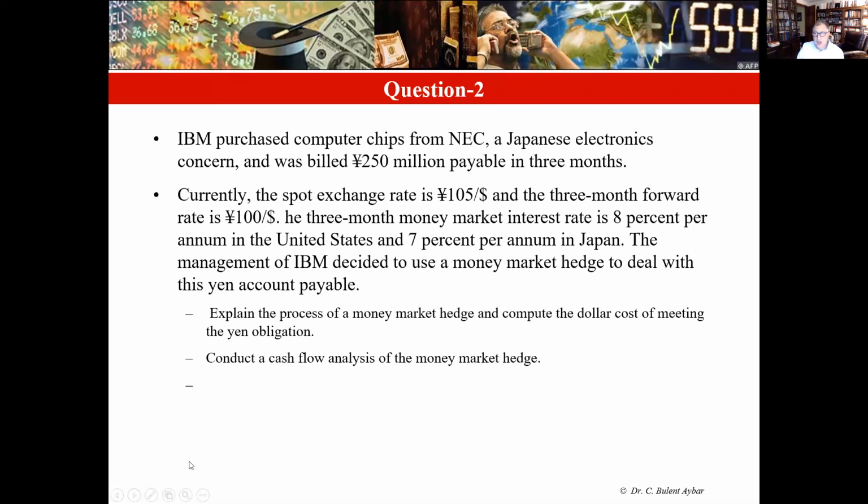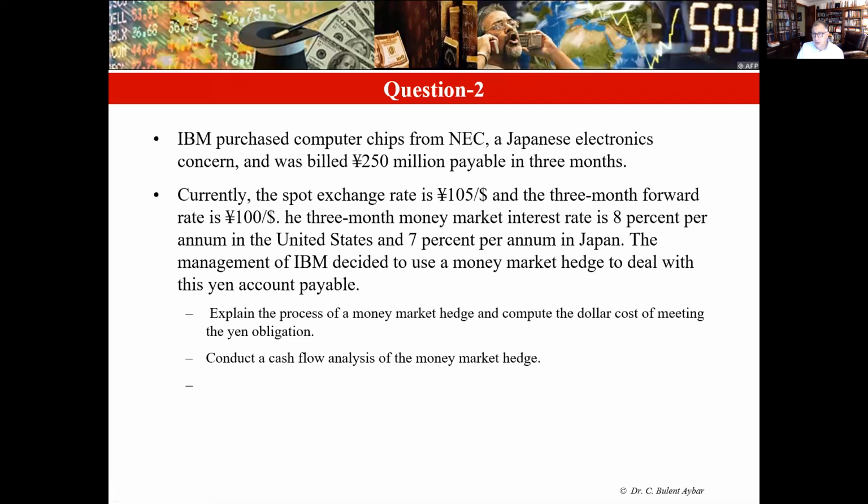money market hedge. Since we have an obligation to pay 250 million Japanese yen, we would like to have 250 million Japanese yen available in 3 months. So we can actually fabricate that by using money markets.